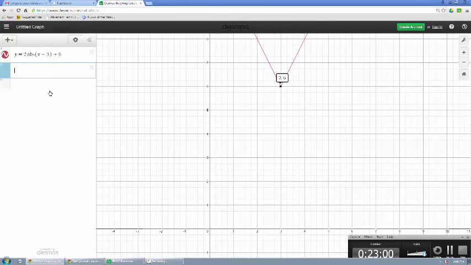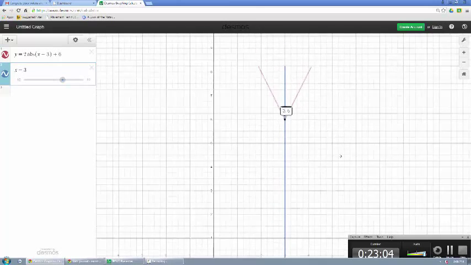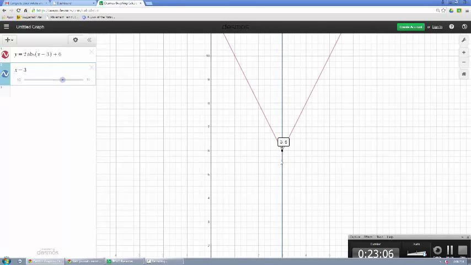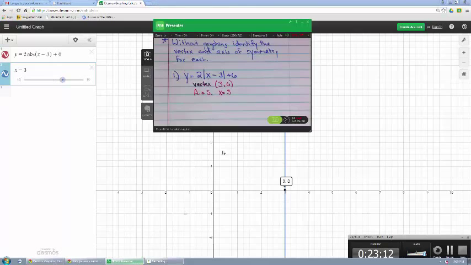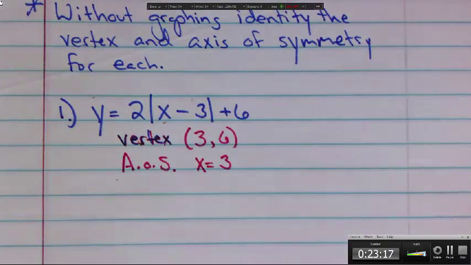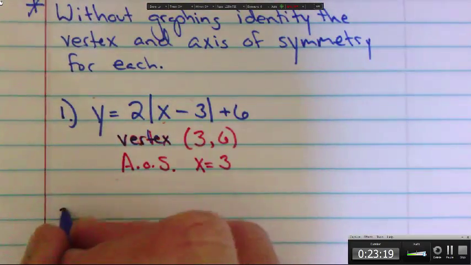And if I type in x equals 3, that graphs the axis of symmetry, which is a vertical line that passes through the x-axis at the point 3, 0, which is also what I have in our notes. So, let's do a couple more examples.